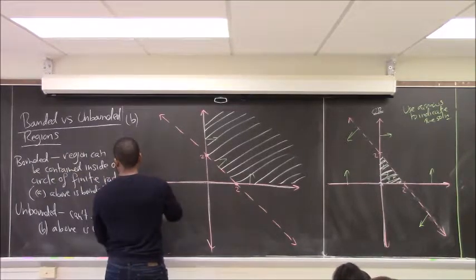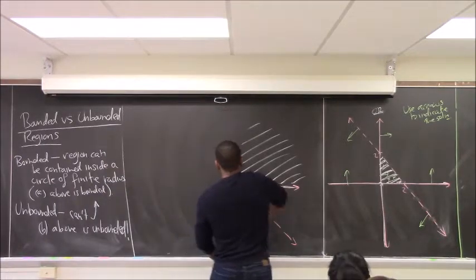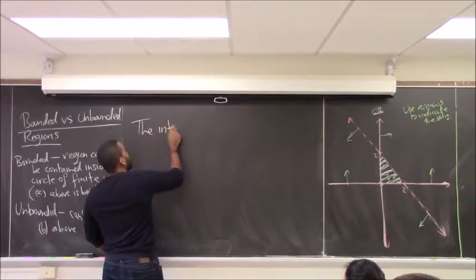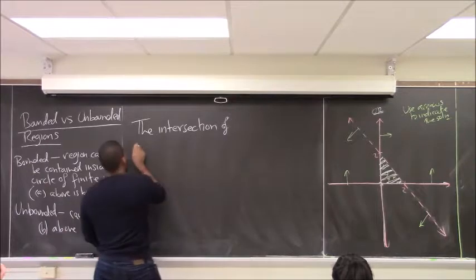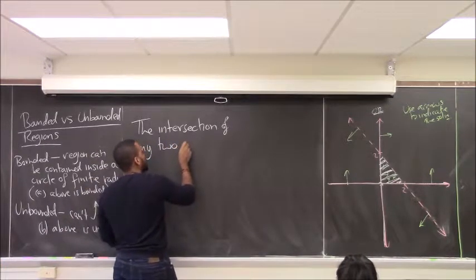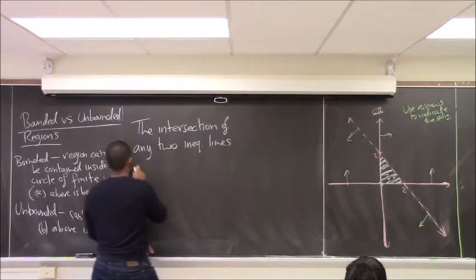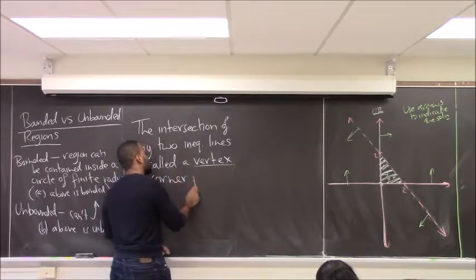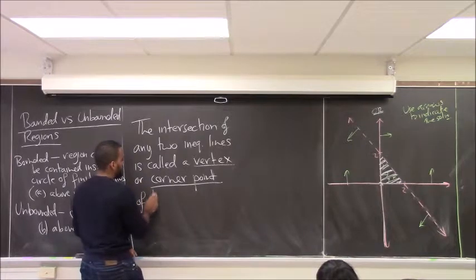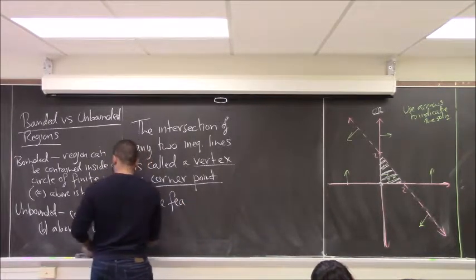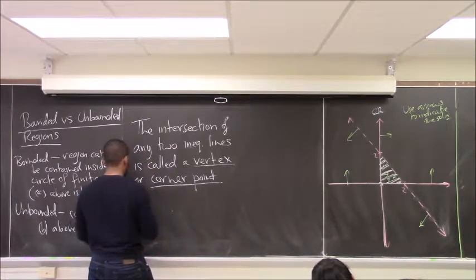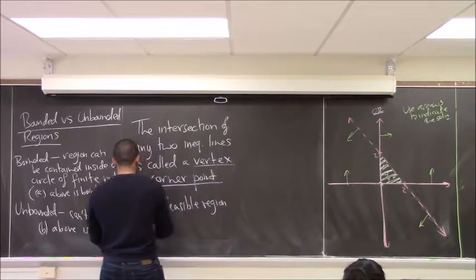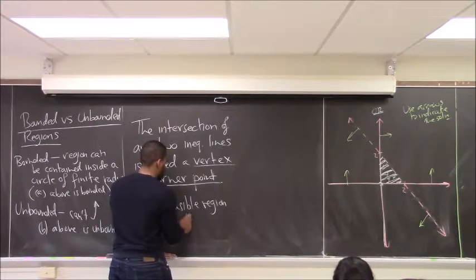Another thing this brings up is the idea of corner points. So here, also, the intersection of any two inequality lines of the feasible region, if it is on the boundary.